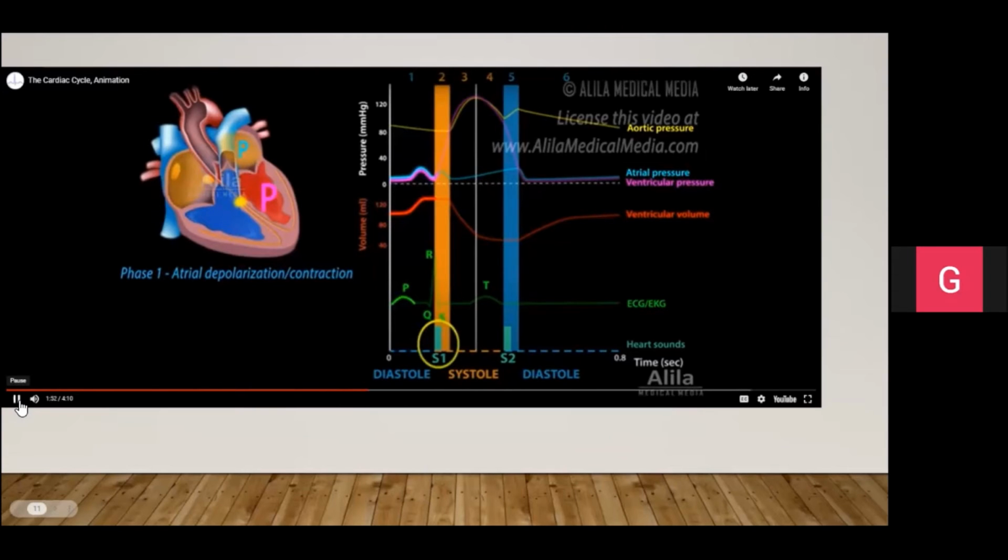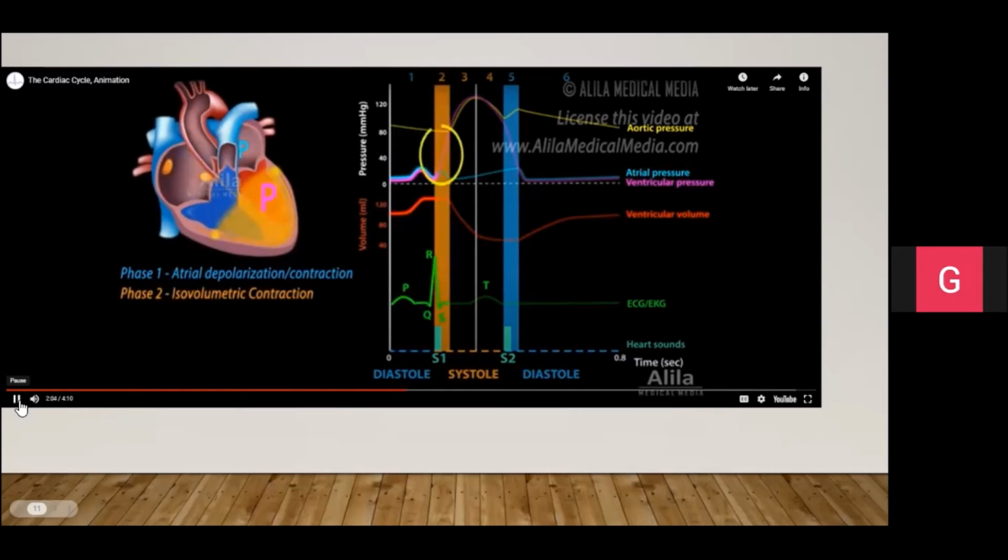At this point, ventricular depolarization, represented by the QRS complex, is halfway through, and the ventricles start to contract, rapidly building up pressures inside the ventricles. For a moment, however, the semilunar valves remain closed, and the ventricles contract within a closed space.